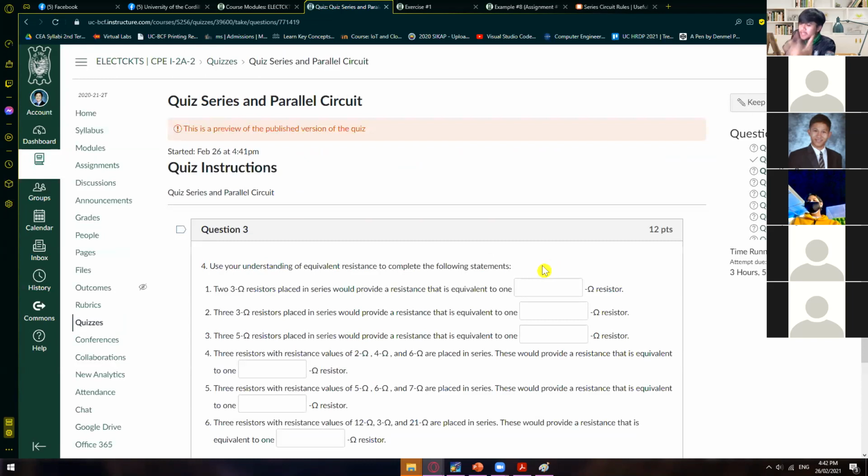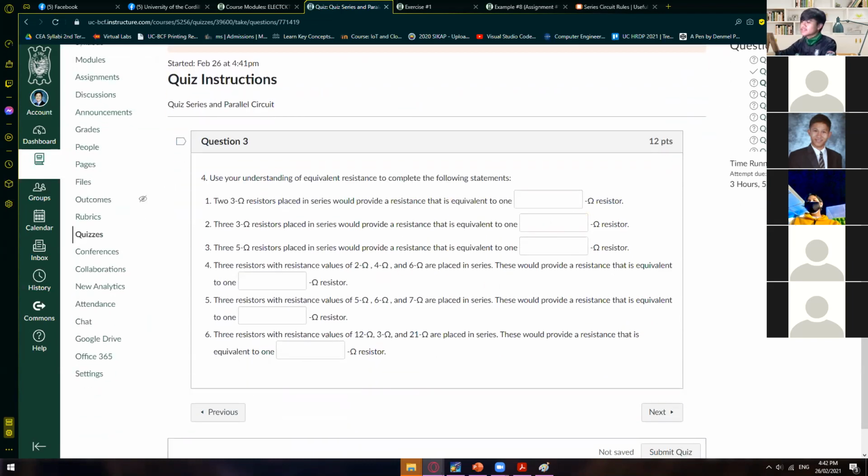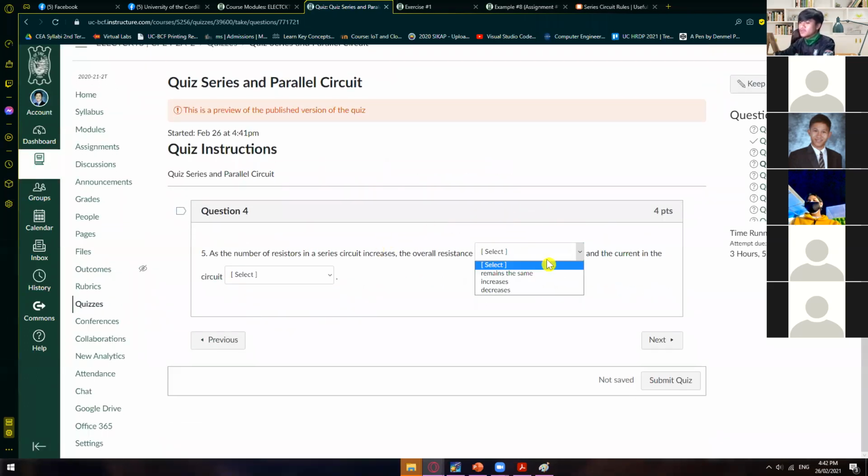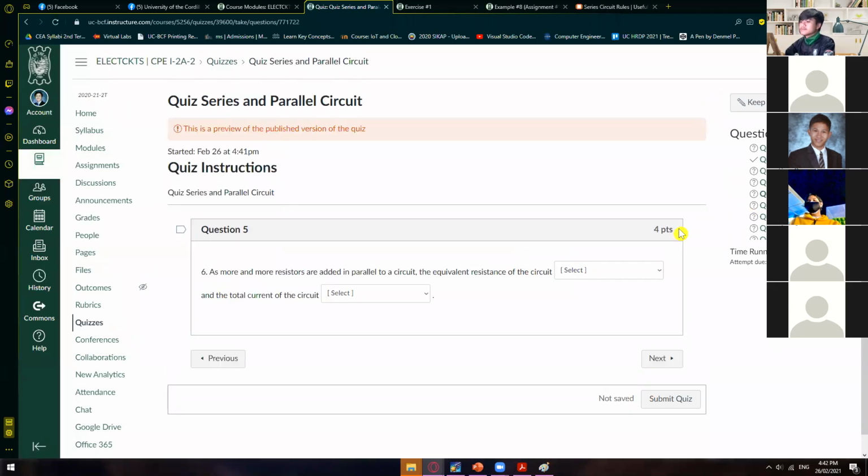That's the only question wherein you need to upload the file. The rest are just fill in multiple blanks, so just read the question and then put your answer. Then some multiple drop downs. Again, situational, if you really understand the concept of resistance, current, and voltage.